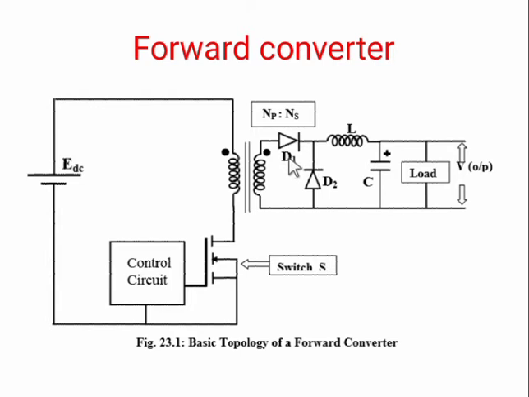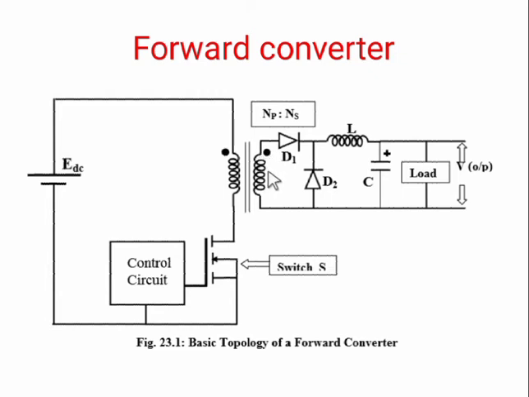Here diode D1 and diode D2 are used for rectifying purpose, that means they convert AC to DC. NP indicates the primary turns and NS indicates the secondary turns. The dot indicates that these two terminals have the same polarity. If we turn on the switch, this terminal becomes positive, so this terminal of the secondary winding also becomes positive.